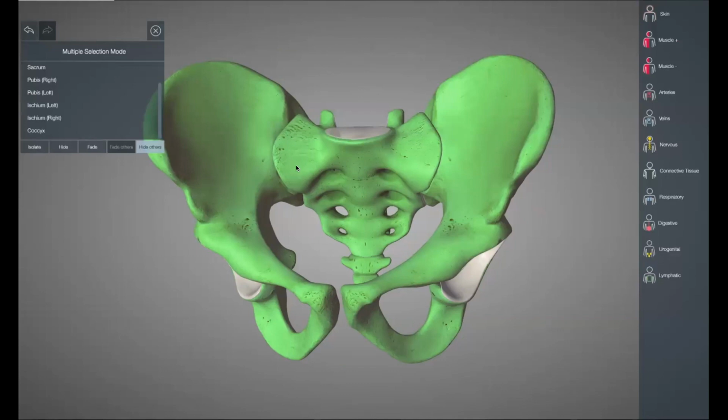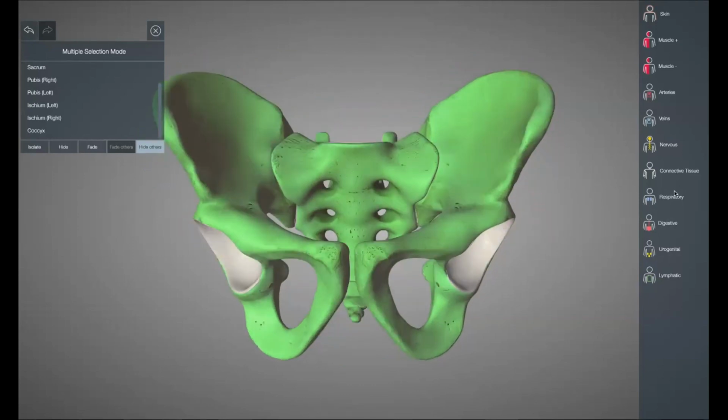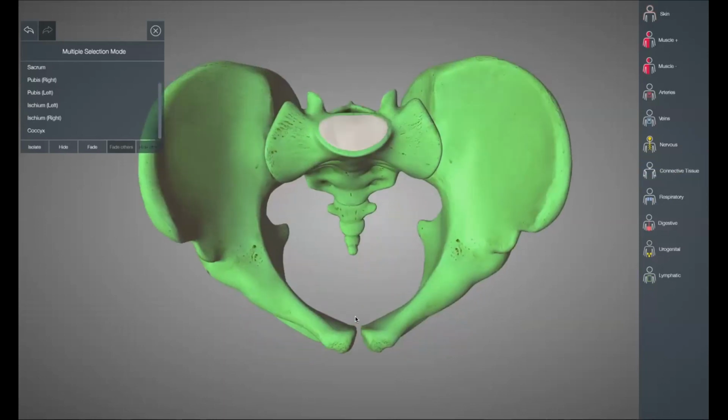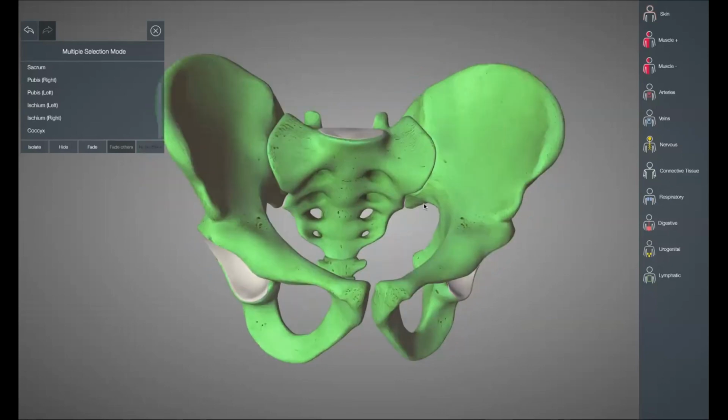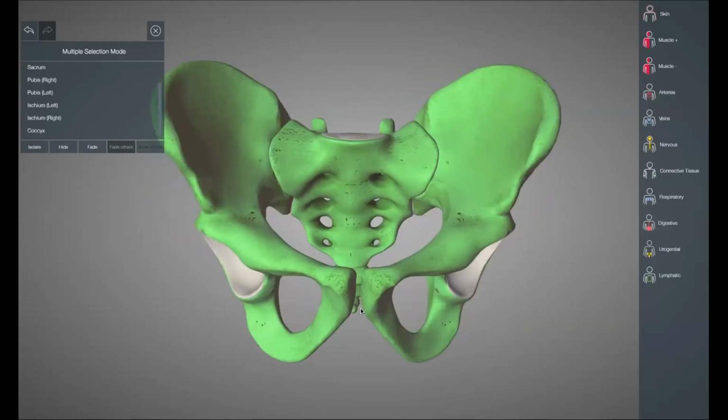Number 3, the sacrococcygeal symphysis, between the sacrum and coccyx. And finally, the pubic symphysis, a connective tissue joint. So: sacroiliac, 1, 2, sacrococcygeal, and pubic symphysis. These are the 4 joints, and this is the structure of the pelvic girdle.